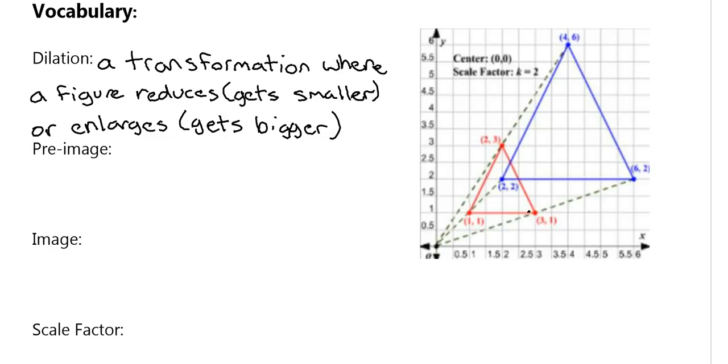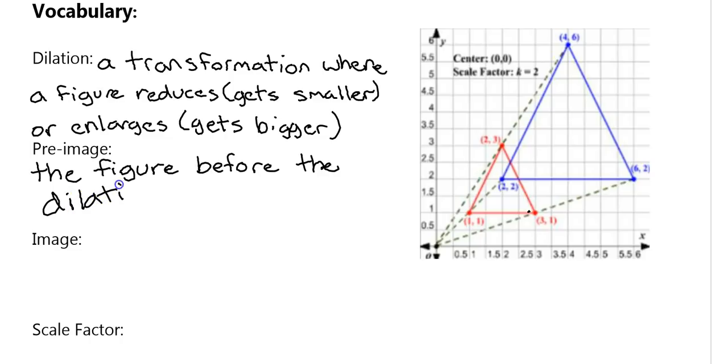Then we have what we call the pre-image. The pre-image is the figure before the dilation. So in this picture, the red triangle is our pre-image. That's where it started. And then our image is the figure after the dilation.